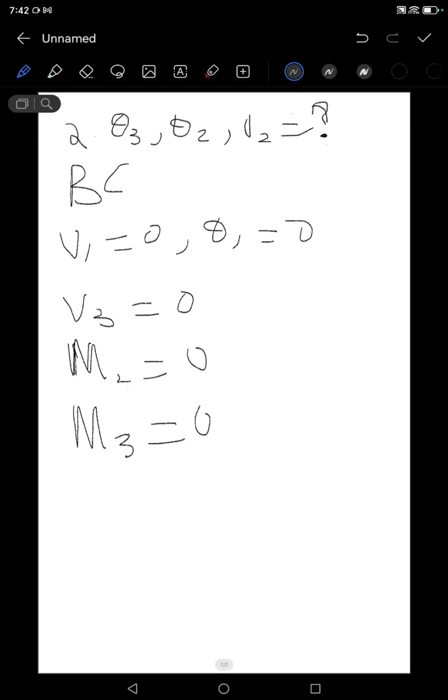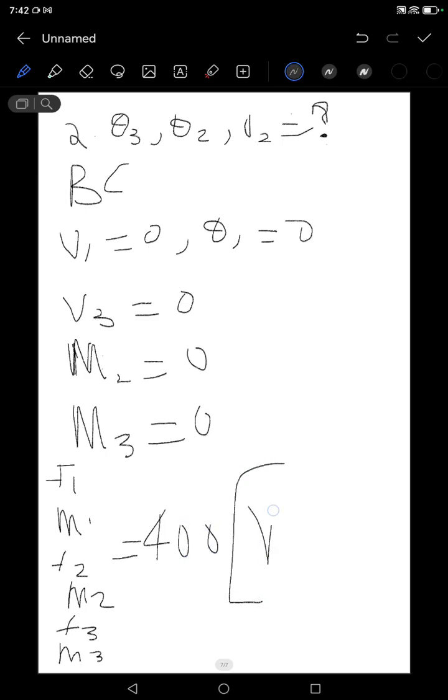So what we're going to do is set up the forces: F1, M1, F2, M2, and then F3, M3, all equal to the global stiffness, so it's going to be 400 times the values that we calculated.